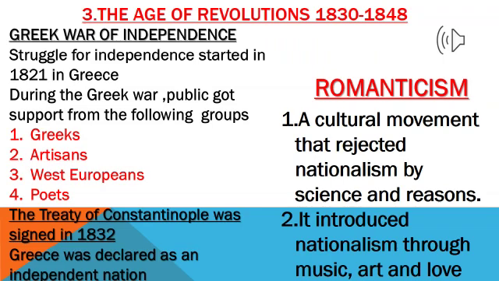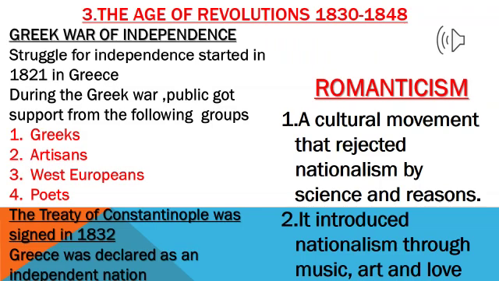Even the poets were very much interested to fight in the war. And one of the poets, Lord Byron, also organized some funds for this war, but later he died of fever in 1824.